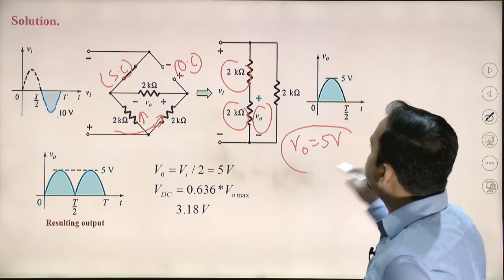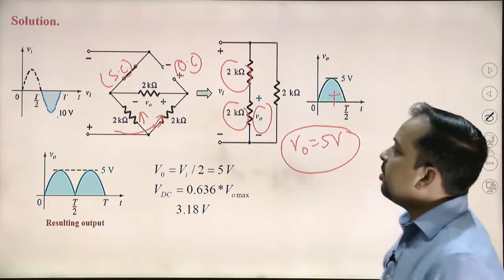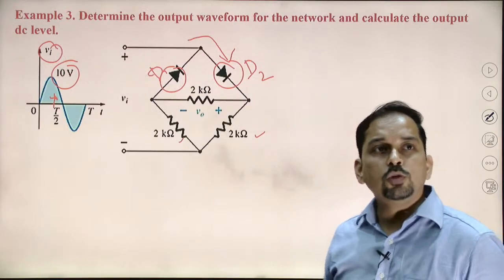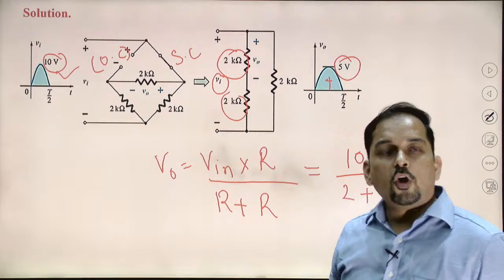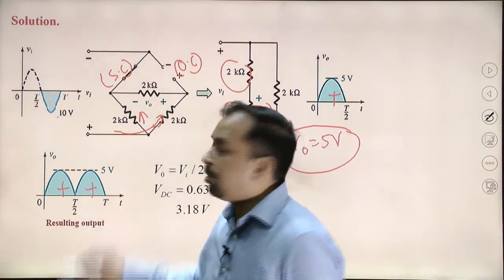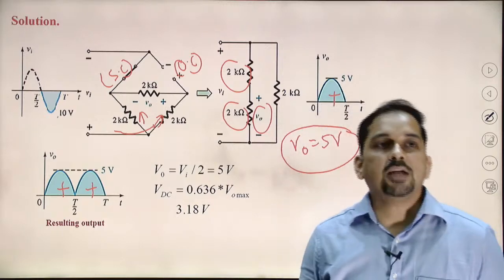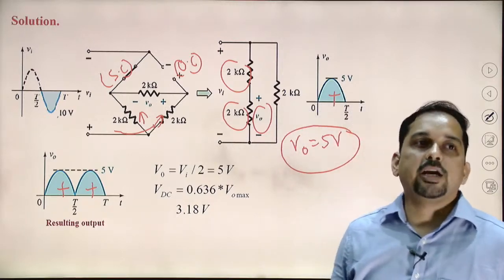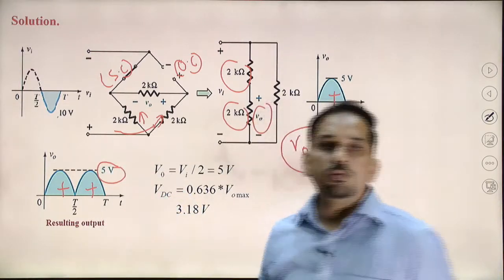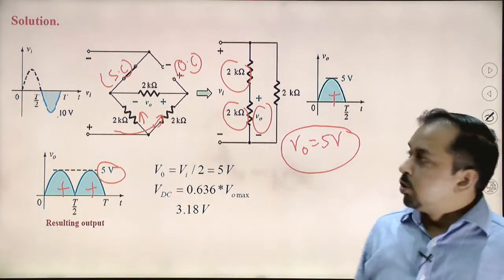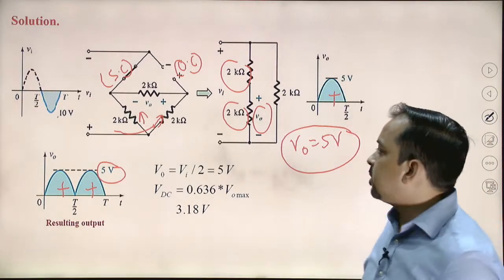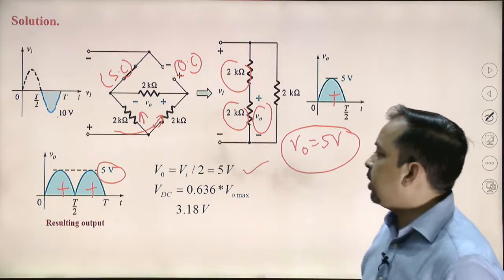So what we observe here is that although we have used only two diodes, we get a pulsating DC waveform, similar to that of a full wave rectifier, although the peak value is 5 volt. Now the next thing is to calculate the DC voltage.